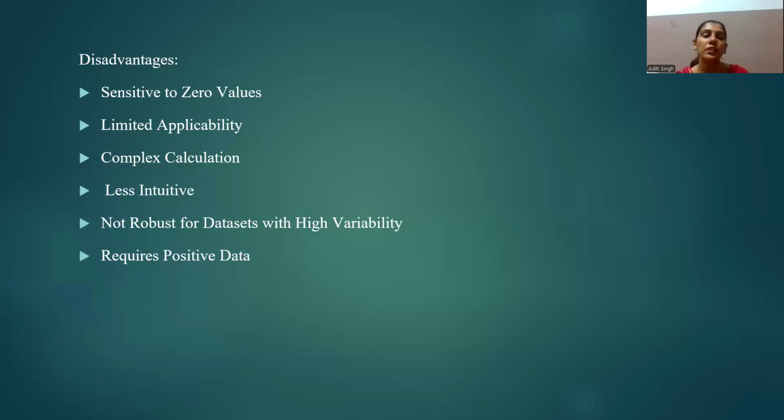The limitations, such as sensitivity to zero values and complexity of its calculation, should be considered when determining its appropriateness to a given data set. So this is the concept of harmonic mean and geometric mean.